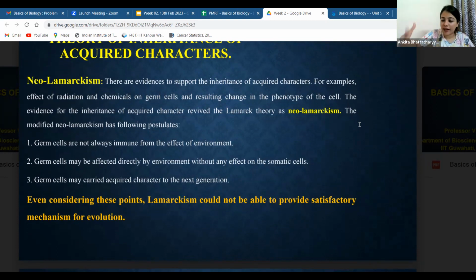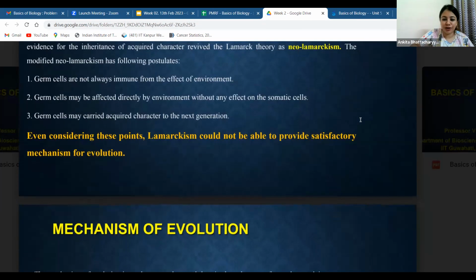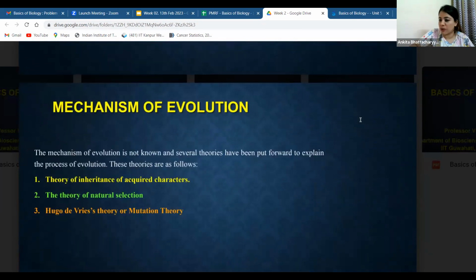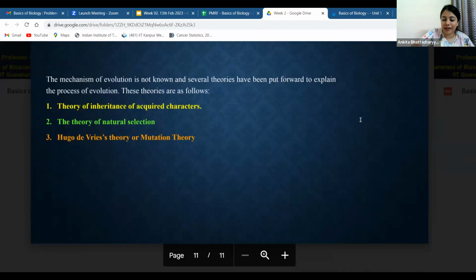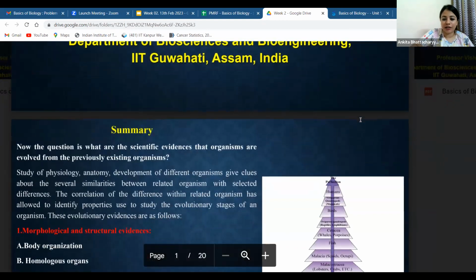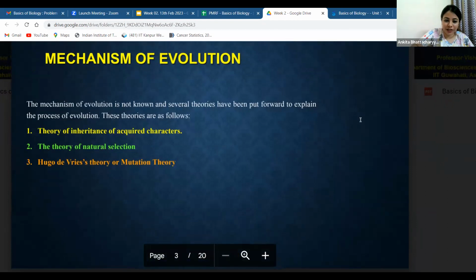Despite these concepts, he said that there is evidence which supports that germ cells are actually responsible for carrying out these changes and transmitting these characters over the next few generations, but he could not provide enough supportive evidence for this. So the theory of inheritance of acquired characters was eventually not very strongly accepted.